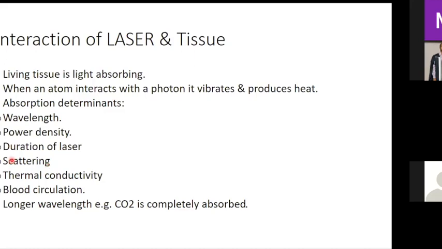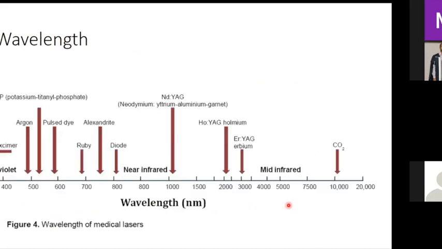The thermal conductivity of that tissue, the blood circulation around that area, and also the longer the wavelength, the more it's absorbed. For example, the carbon dioxide laser has a longer wavelength, it's highly absorbed, and there's more penetration into the tissues.